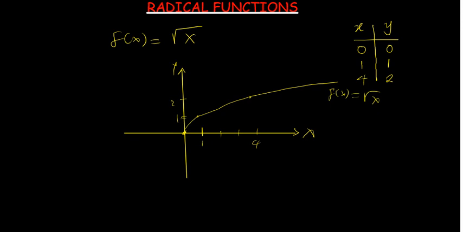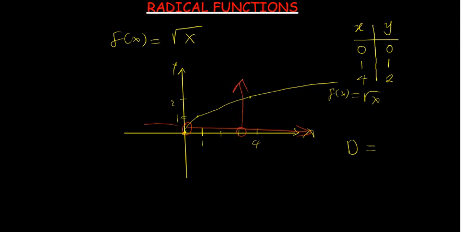Now looking at this one, the domain, the set of x values permitted for this function, we are starting from here. The x values, we can see that we are only starting from 0. We are starting from this point and then going towards this point. Those are the x values. And then the y values also, we are starting from here, going like that.